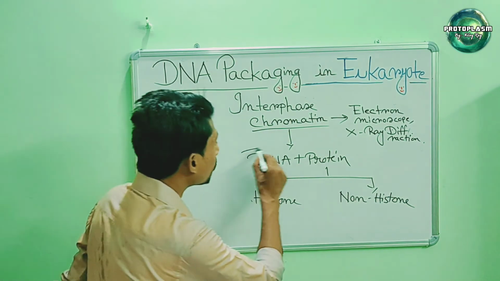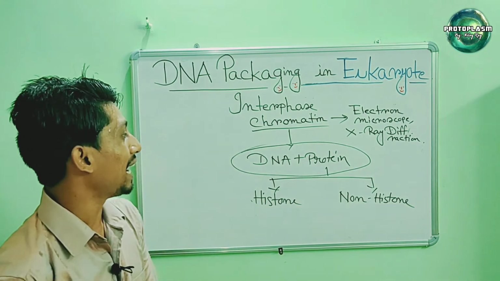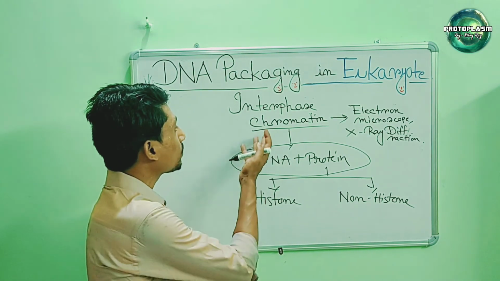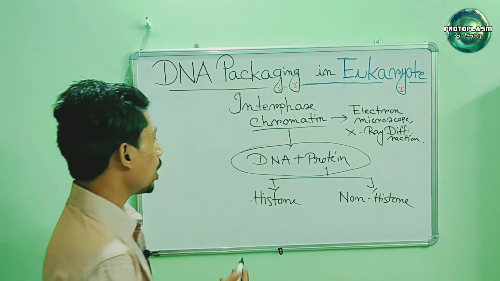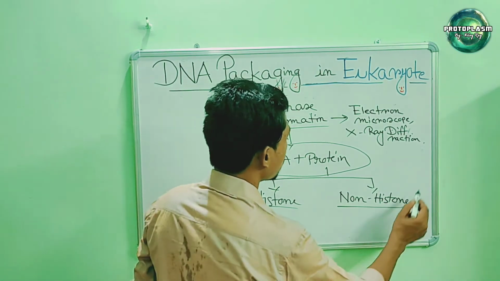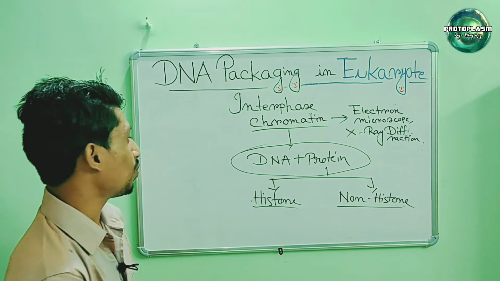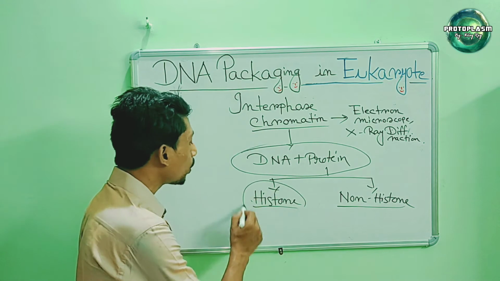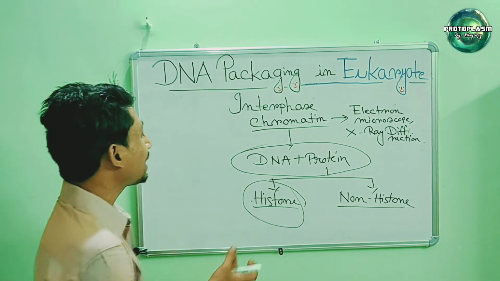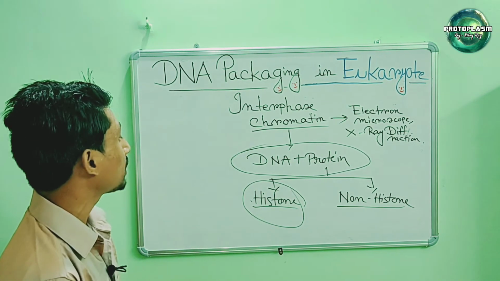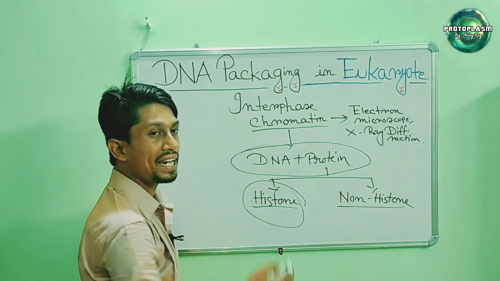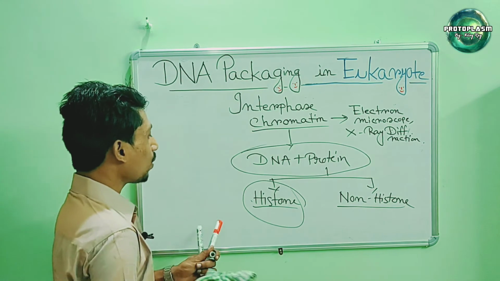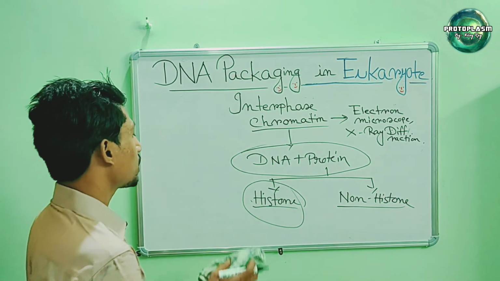So basically chromatin is made of DNA plus protein, and the proteins that are constituents of the chromatin are mainly of two types, histone and non-histone proteins. Histone proteins are the molecules responsible for the packaging of DNA inside a eukaryotic cell. So now let's study in detail the histone proteins.